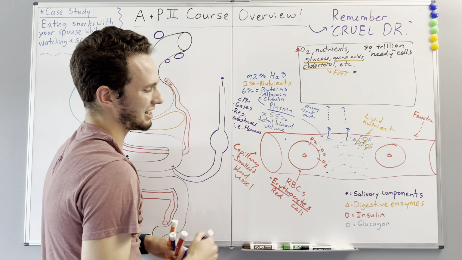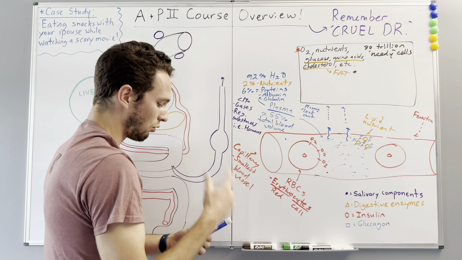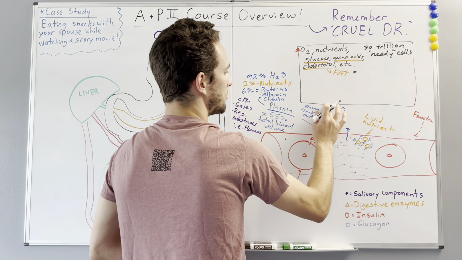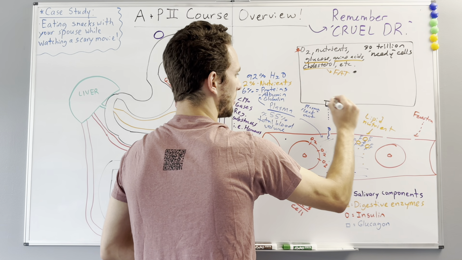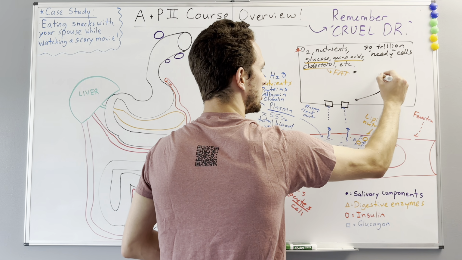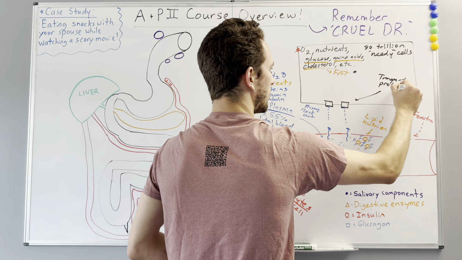Now the problem is a lot of these nutrients, things like glucose, things like amino acids, require the cells of your body to have forms of transport proteins. So I'm just going to draw a couple boxes in the membrane of these cells, and I'm going to call these transport proteins, okay?